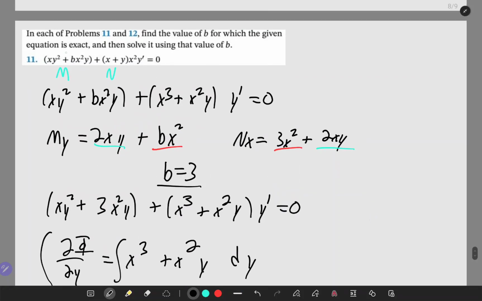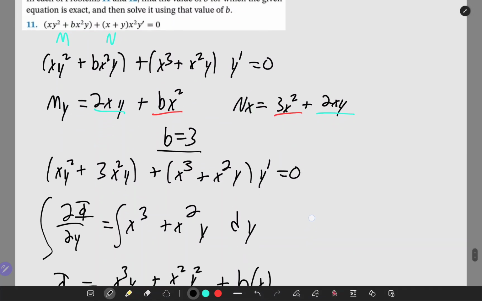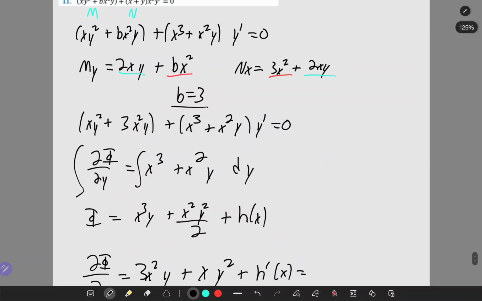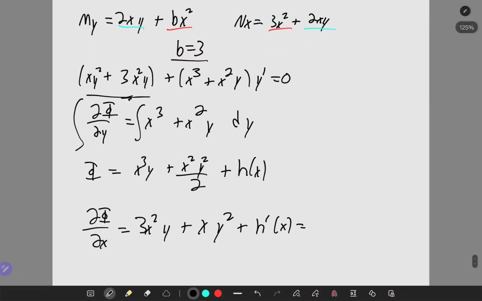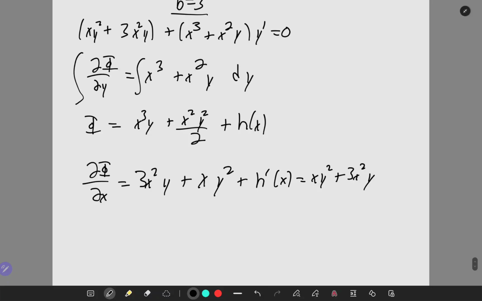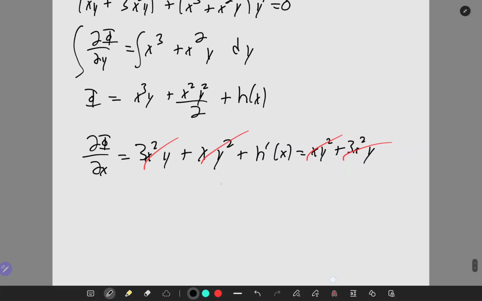M. So this is our phi with respect to x, xy squared plus 3x squared y. And does anything cancel out? Yep, this cancels. Oh, very nice. They both cancel, and we're left with h prime of x is equal to 0.